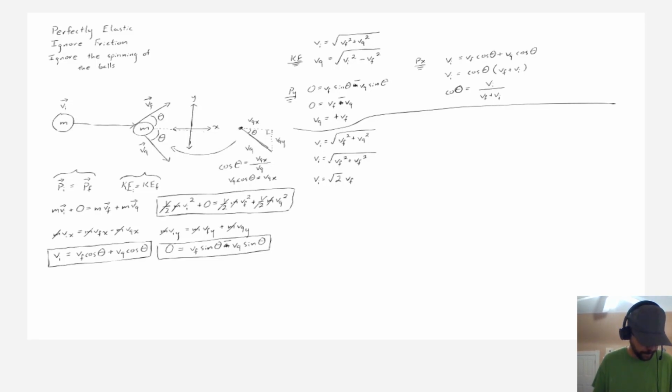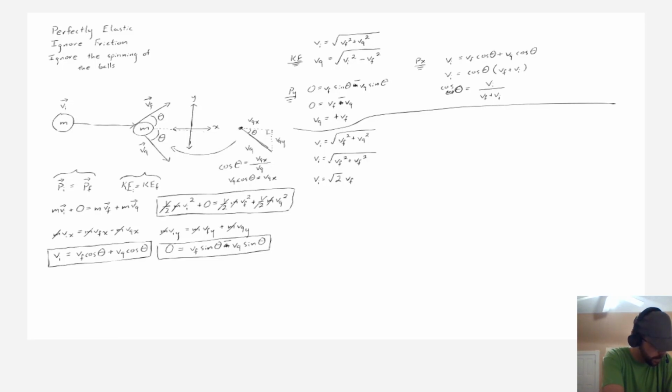And then I think I did the same thing for velocity initial cosine of theta. I think this is where I went next. So I took this cosine of theta. Whoops, I wrote cotheta. Cosine of theta equals velocity initial over velocity final plus velocity initial. So what did I do there?